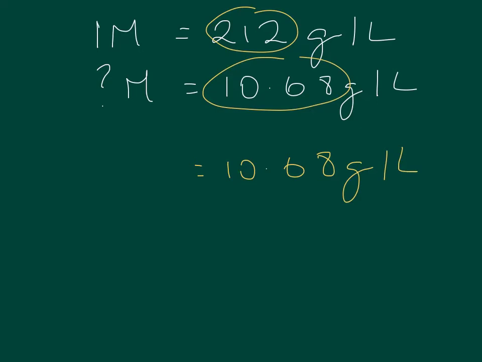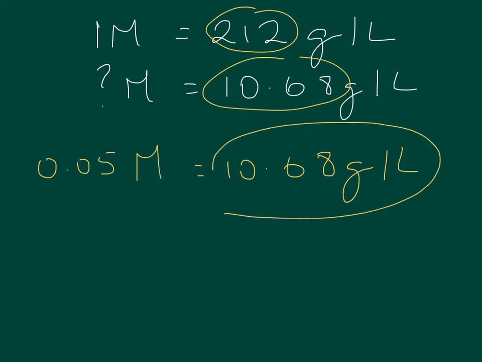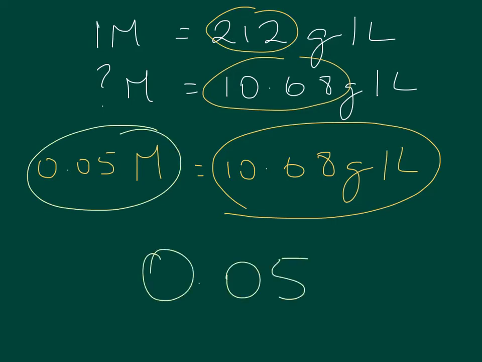On the other side I just take 1 divided by 212 and multiply that by 10.68. So exactly the same on the left and the right. I get 0.05 molar. So I know now that 10.68 grams of substance X in a litre gives you 0.05 molar. So the answer will be 0.05 molar for question 11.